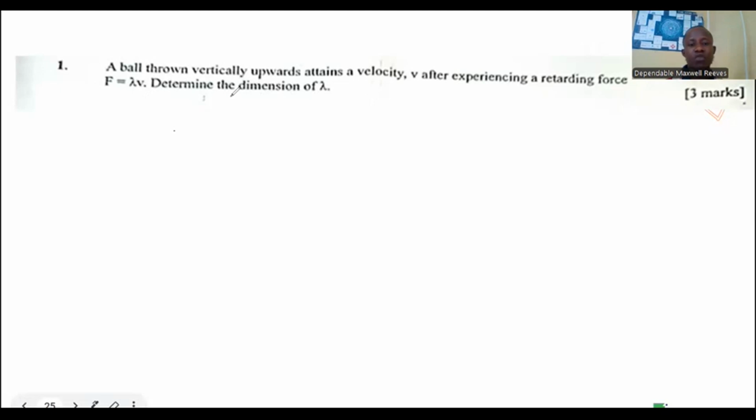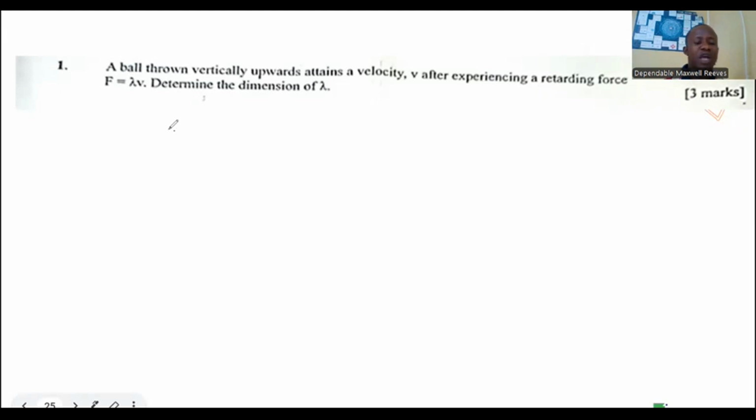Now, before we solve this question, it is pertinent for us to know what dimension or fundamental quantity actually is. When we talk about dimension or fundamental quantity, we simply mean the power to which the fundamental unit must be raised to obtain a unit of that physical quantity.